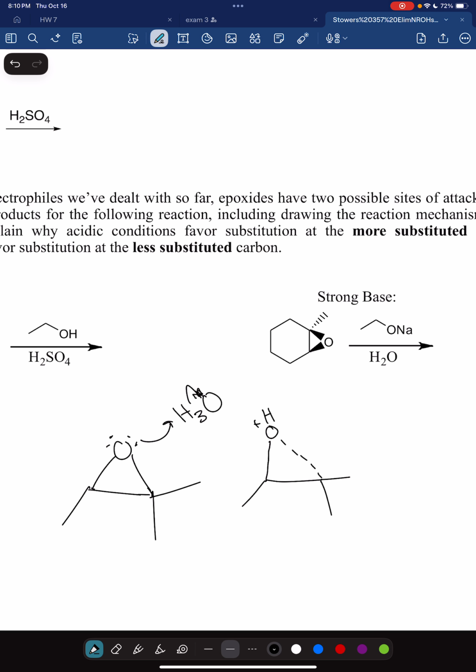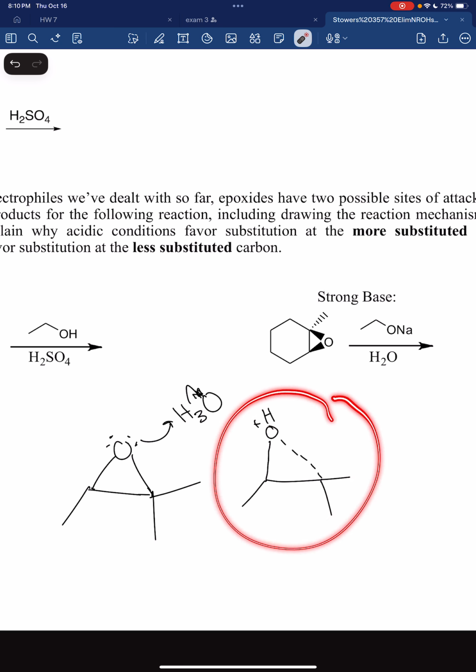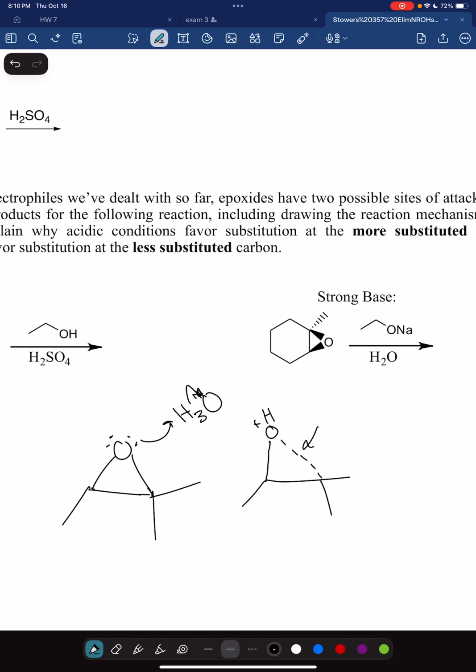So this is kind of what the transition state might look like with an acid catalyzed epoxide opening. You can see that this bond is now way weaker than that bond. It's way more prone to breaking, and that's when your nucleophile will come in and attack right there.